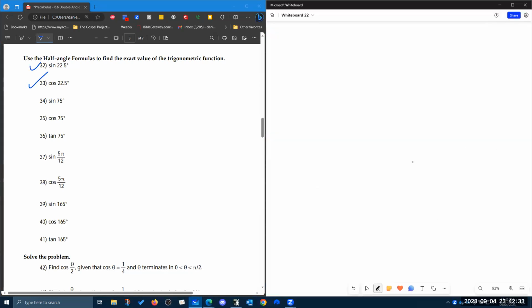Now let's look at sine of 75 degrees. 75 degrees is still in quadrant 1, but it's half of 150 degrees. So sine is positive, the root of 1 minus cosine of 150 over 2. 150 has a 30-degree reference angle, so cosine is negative root 3 over 2.